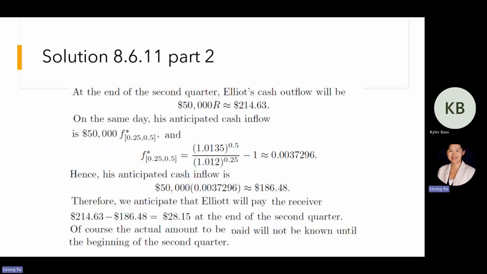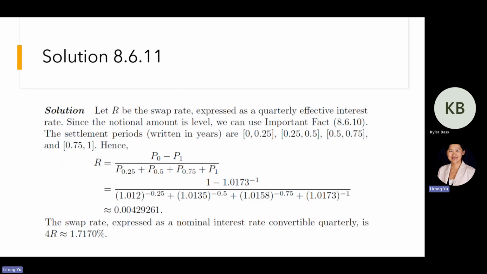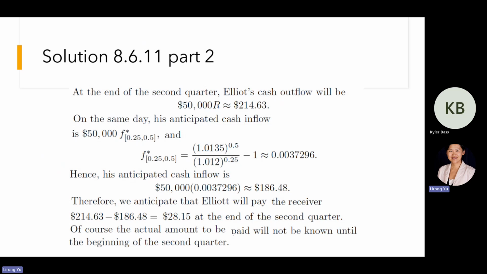So here we have the second quarter payment. The fixed payment is the principal multiplied by the interest rate. The R that we had is this R, 0.00429. For the second quarter payment, you multiply that R with the 50,000 and you get 214.63.